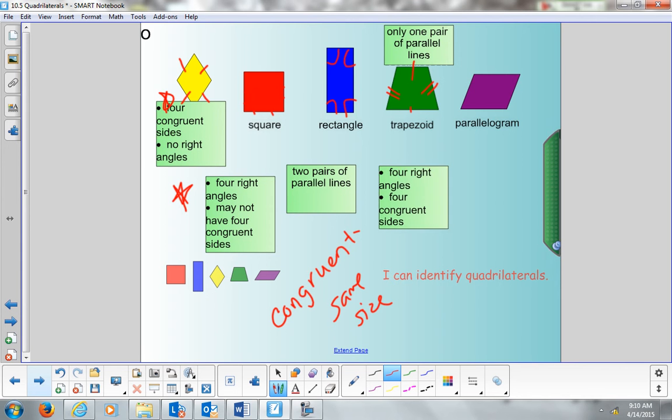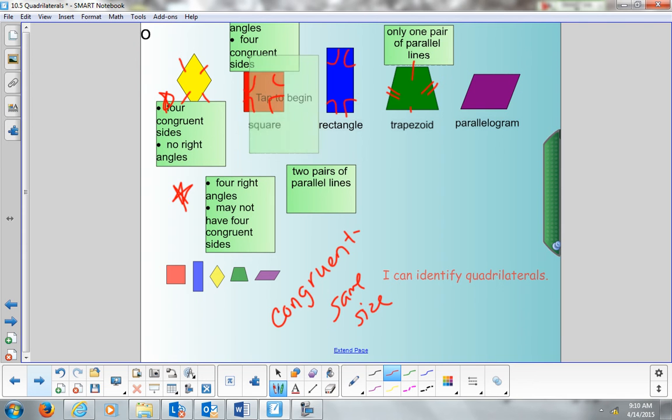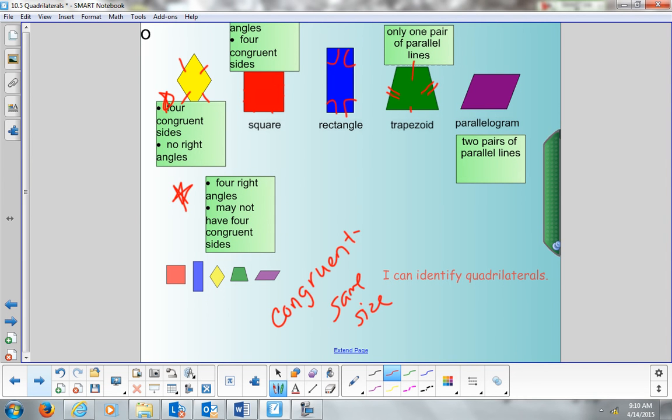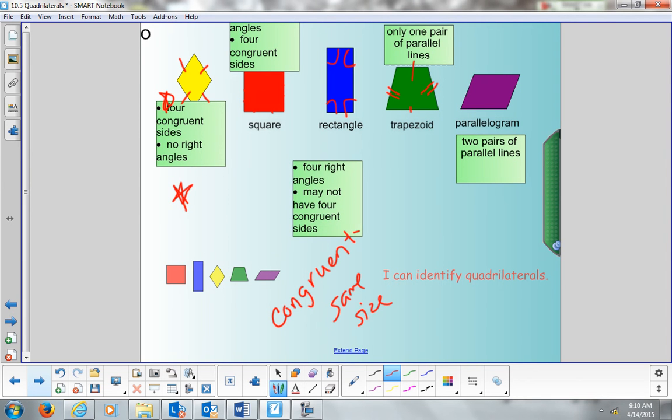So this has got to go with the square. All right, and two pairs of parallel lines. That could go with the parallelogram, right? It's got no other functions. Rectangle has 4 right angles and may not have 4 congruent sides, which means it doesn't have equal sides, same size sides. Okay? All right.